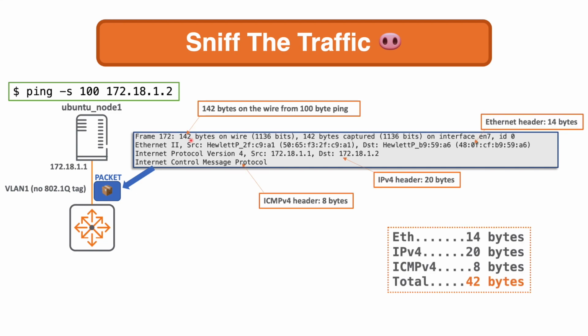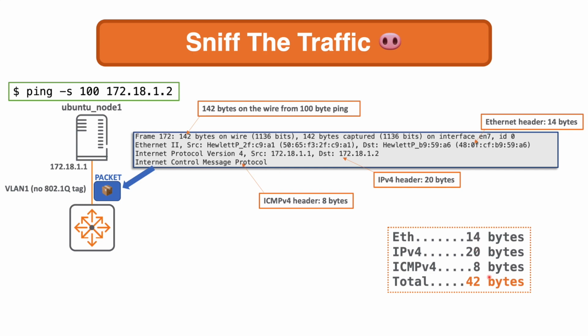Well, I've broken that down. It's the headers, essentially. We've got the Ethernet header there, that's 14 bytes. Then we've got the IPv4 header, and you can see the source and the destination for this is the Linux servers. It doesn't know anything about the layer 2 core and our 6300s. That's 20 bytes. Then we have 8 bytes of ICMPv4 header, and then we have the 100 bytes of the ping.